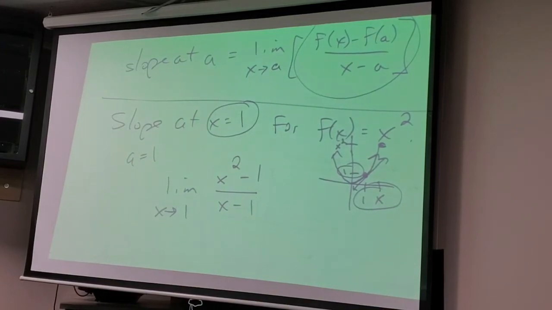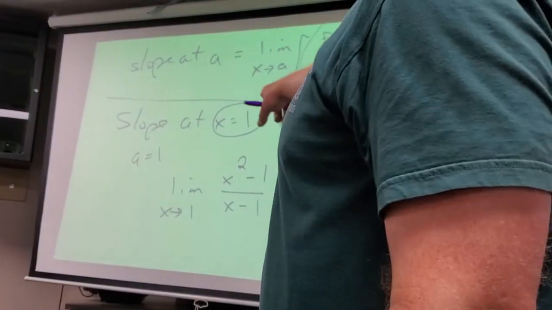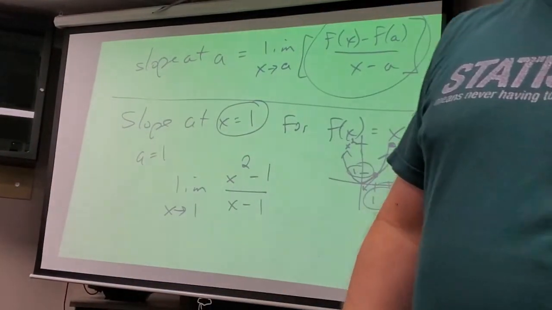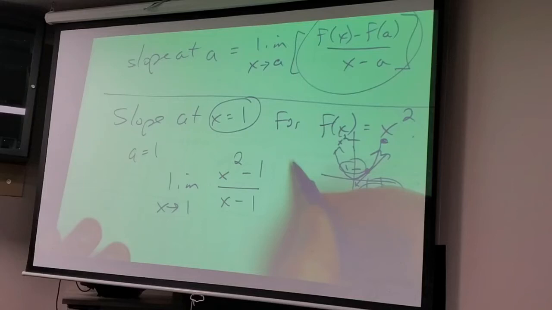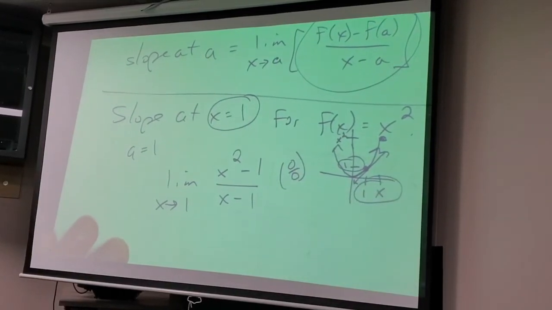And now you see that the limit problems we were doing were not in a vacuum. They are actual things you will see. How do we do this? If I plug a 1 in, what do I get? Unsurprisingly, 0 over 0. That's a problem, right?